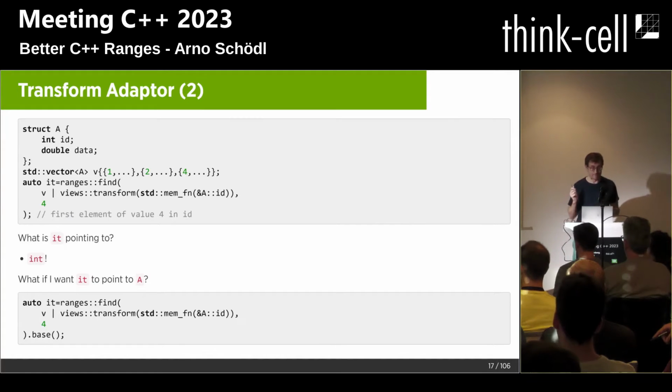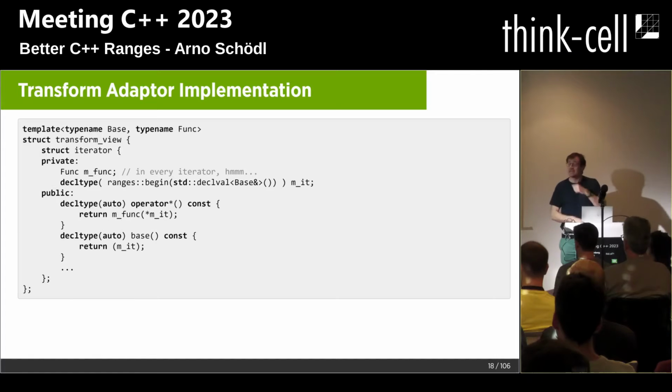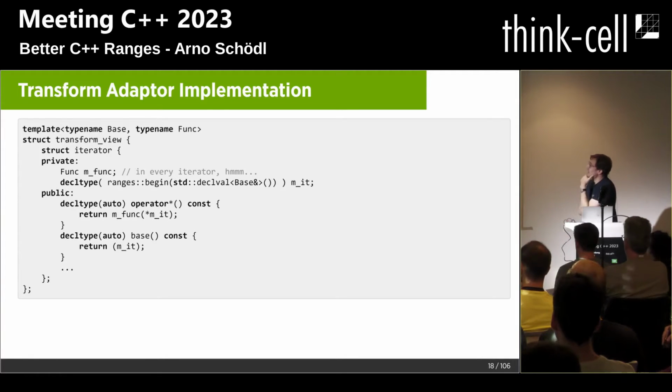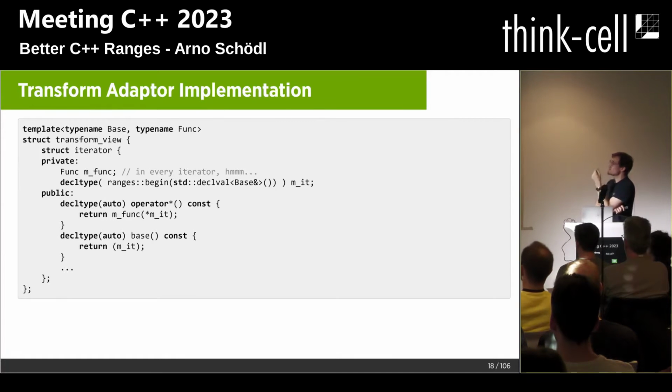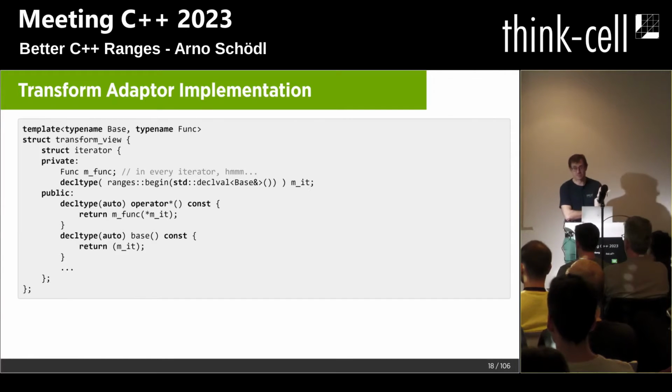Not bad. OK. Now, here is a possible implementation of this transform. One way to do it is that you're writing an iterator that carries around this projection function. And every time you invoke the operator star, it will actually invoke the projection function and return the result.